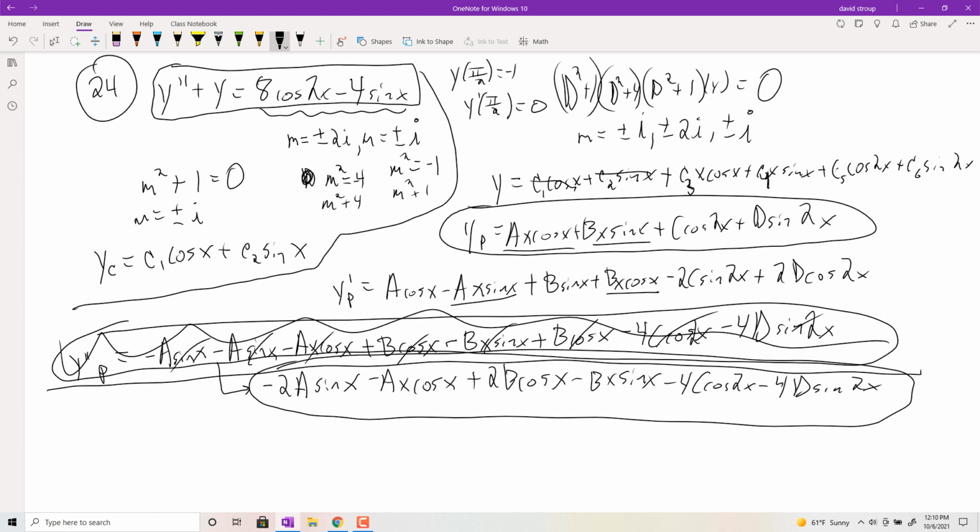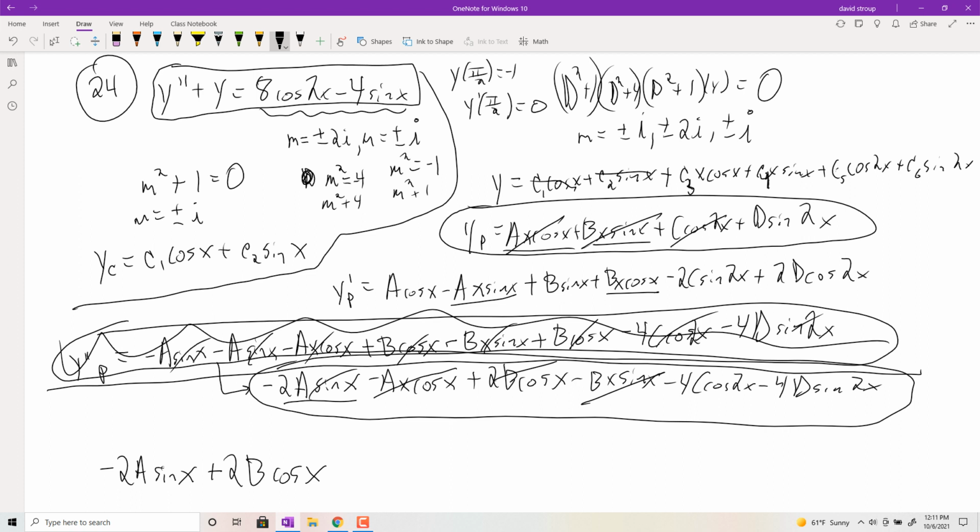Okay, so adding these together then, there's just 1 of those, so negative 2a sine x, and then negative ax cosine x will cancel with this, and then I have plus 2b cosine x. Then the bx sine x and negative bx sine x will cancel.